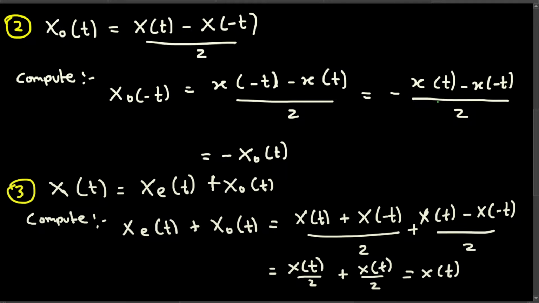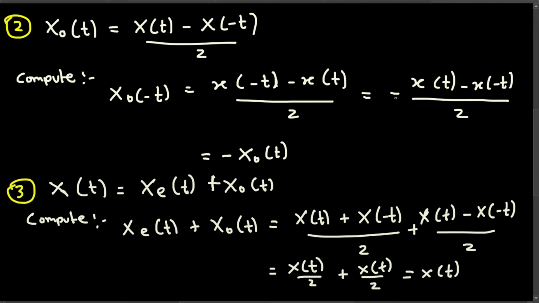Okay, wait a minute, hold on. So we want this one, and if I take the x of t to the front, negative x of t, if I take the negative x of t front, this one become plus x of minus t here.